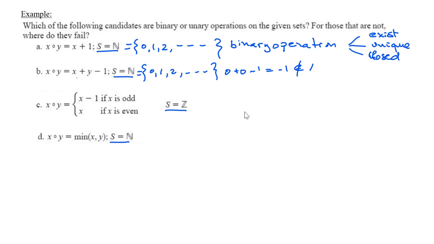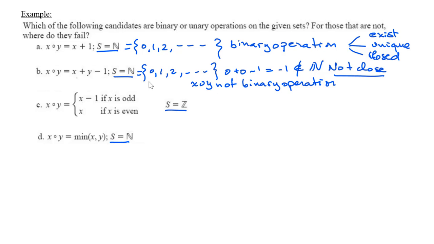Well, this does not belong to N. So not closed, and therefore binary operation is not defined, or it's not a binary operation. Why? Because it's not closed. As you see, when I pick 0, 0, all of a sudden my answer is negative 1, and it's not within N. If S was Z, then it would be defined and it would be closed, because negative 1 is in Z, which is the set of all integers.